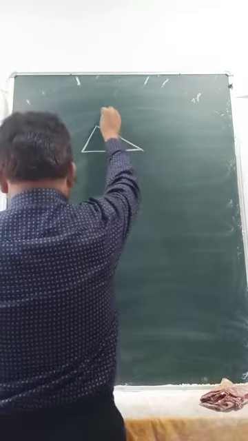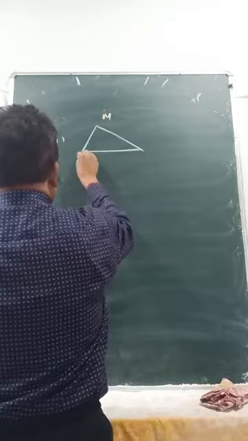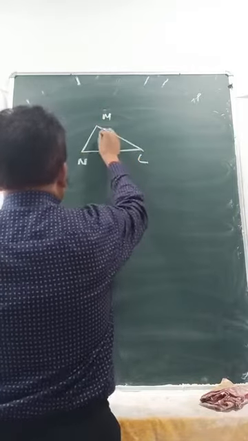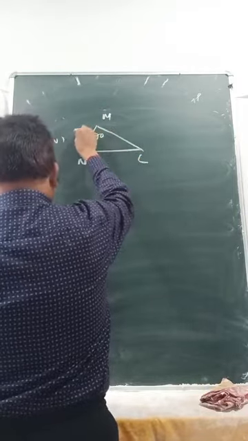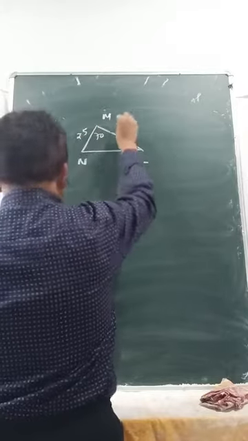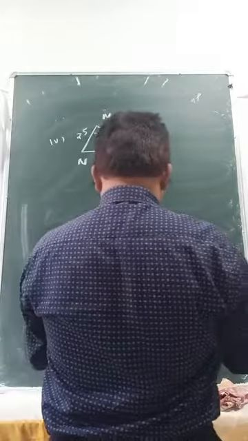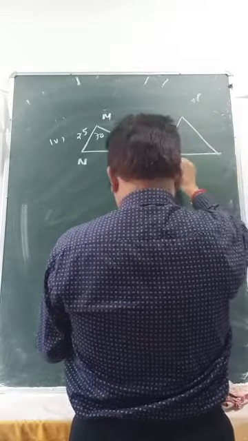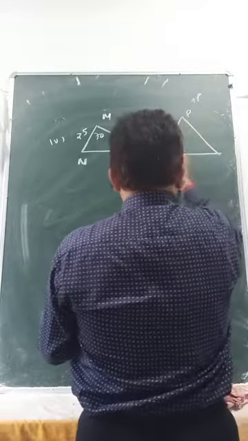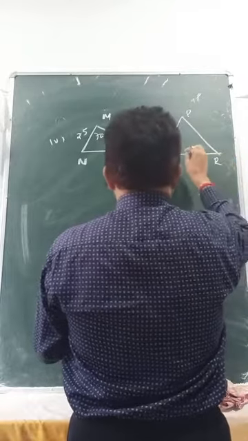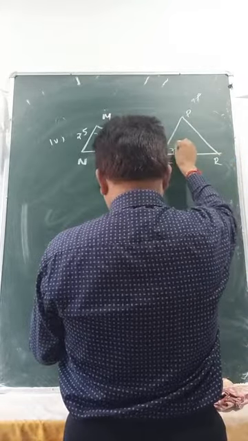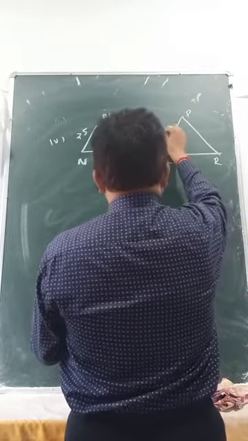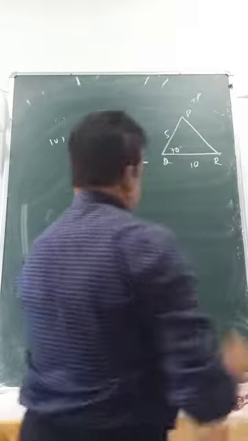This is triangle NML with 70, 2.5, 5. Then this is PQR. This is 75, 10. Acha.